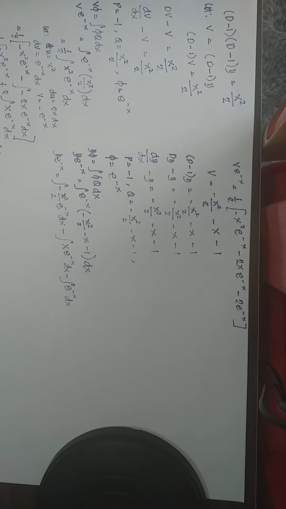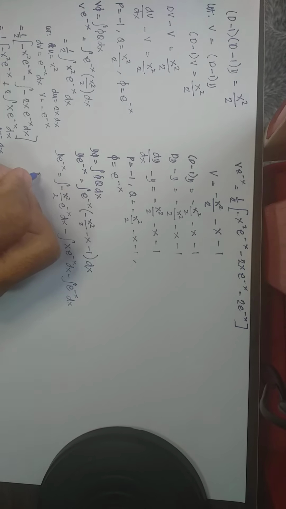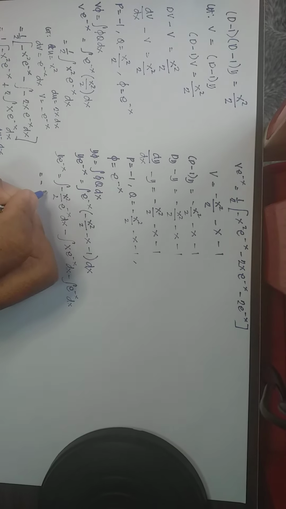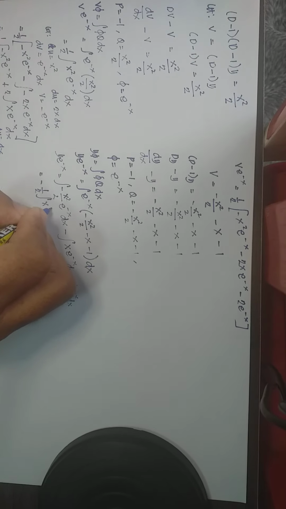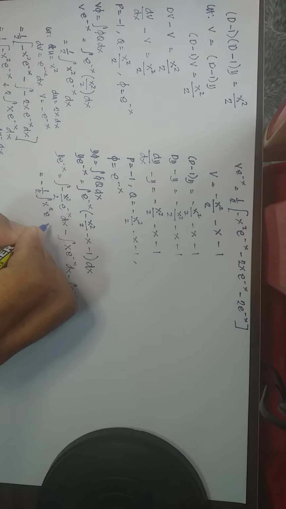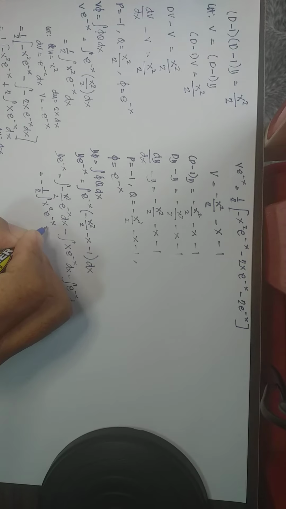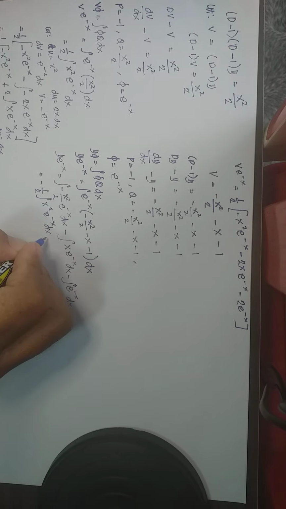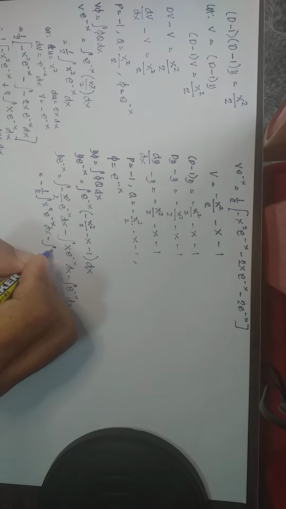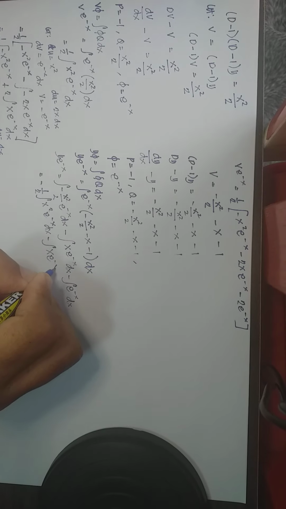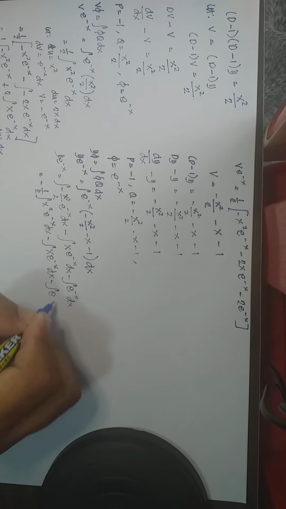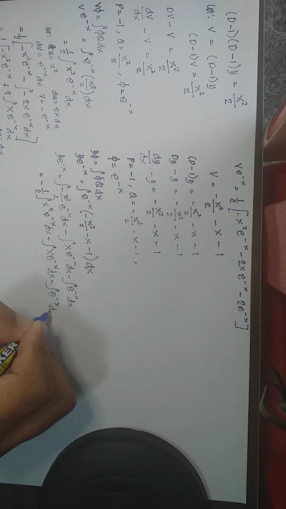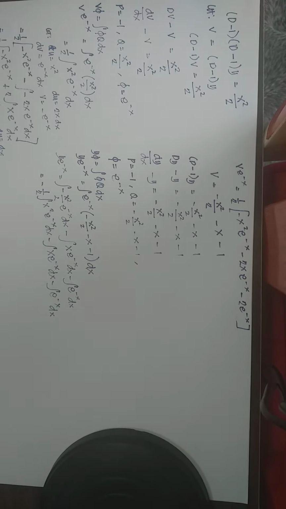Okay? So, simplifying this, we have negative 1/2 the integral of x squared e to the negative x dx minus the integral of x e to the negative x dx minus the integral of e to the negative x dx.